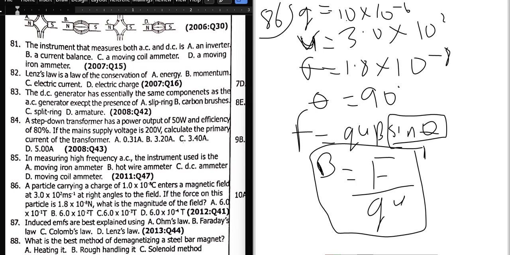Just plug in and you get your answer. The unit for that is T. The answer will carry a T, that's the magnitude in teslas. Alright, take care. That is all.